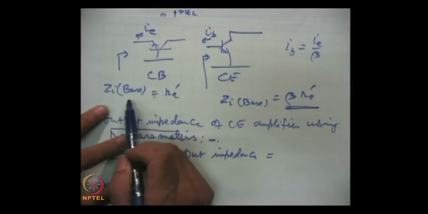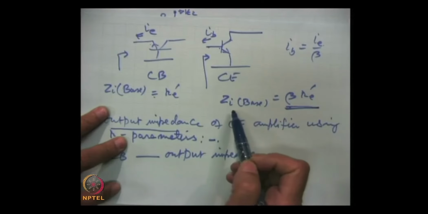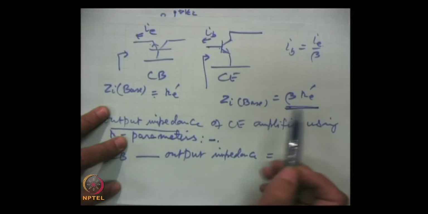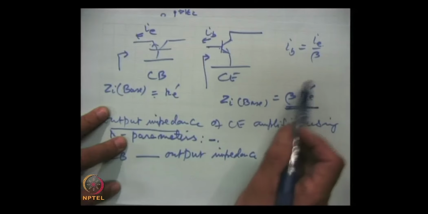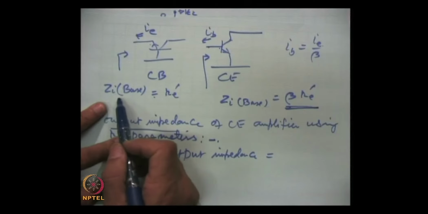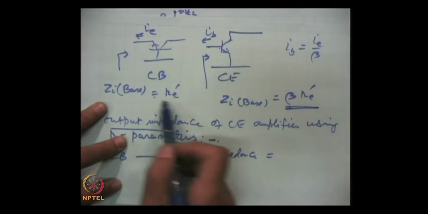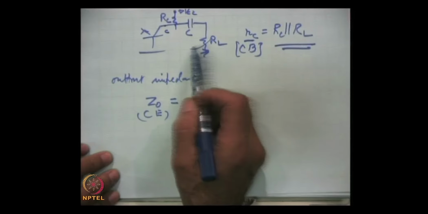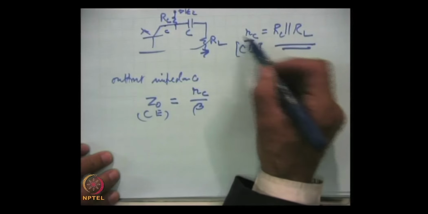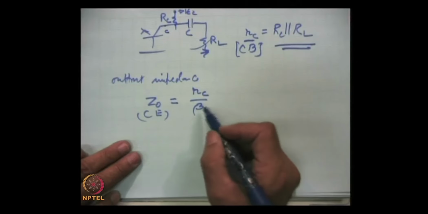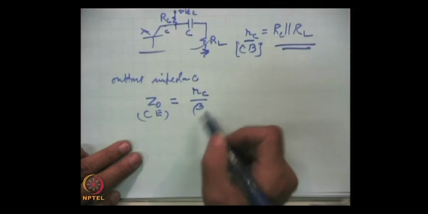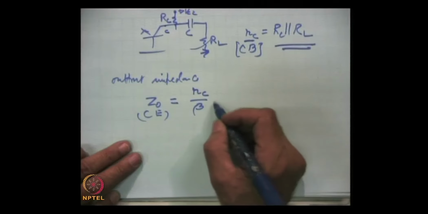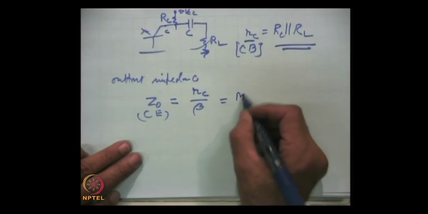We have derived that the input impedance in the common emitter circuit comes to beta times the impedance of the CB circuit, r_e prime. For the common base circuit the output impedance is simply RC, and it can be worked out that the output impedance in CE comes out to be divided by beta, so it is less. So, it is moderate or low.